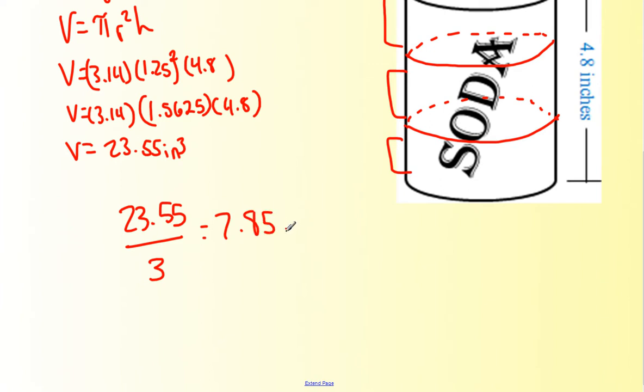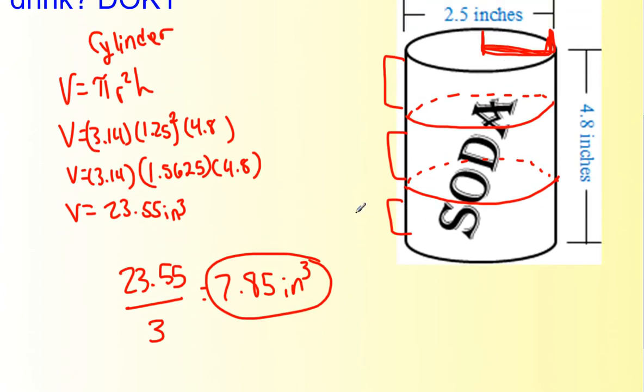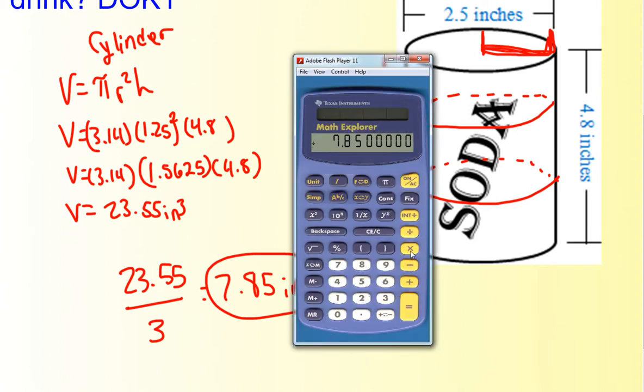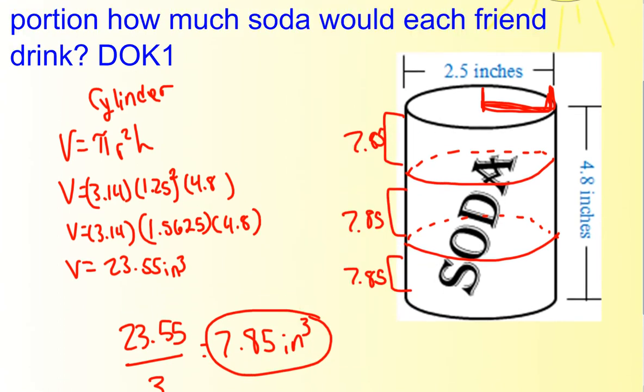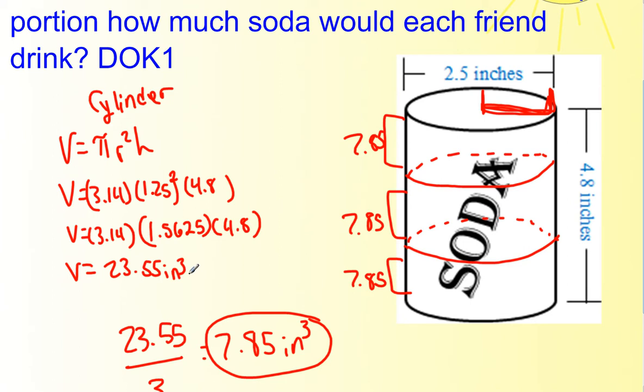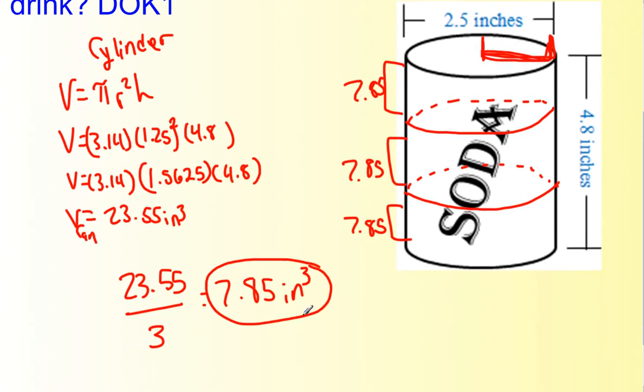That is the volume of soda that each friend drank. So this person drank 7.85, that person 7.85, that person 7.85, giving us a total of the 23.55, the total volume of the can. So that's the volume of the can, and this is the volume of the soda that each friend drank.